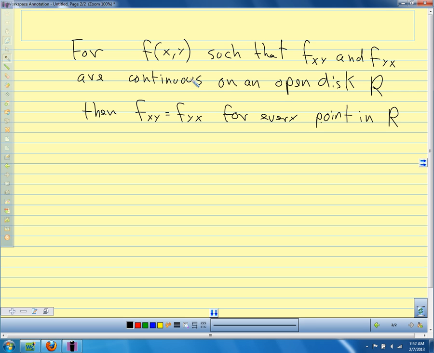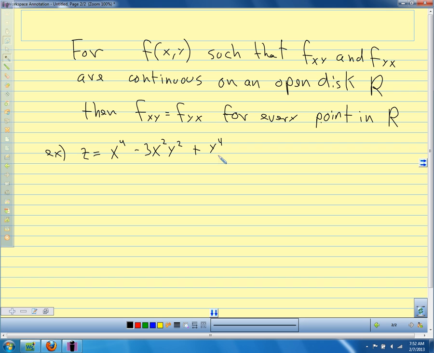So let's just do a couple of quick examples, and then we'll be done for today. Let's say we have z equals x to the fourth minus 3x squared y squared plus y to the fourth.